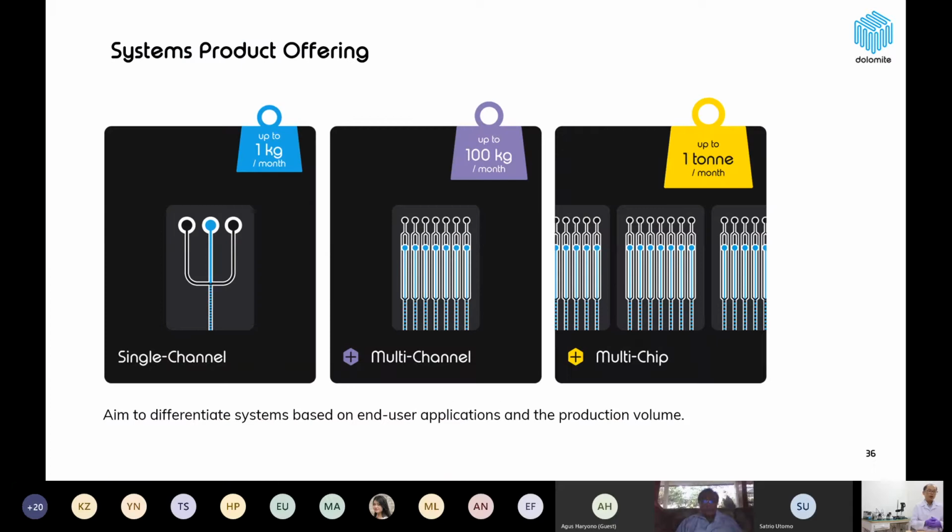To increase the production scale, the simple way is to increase the chip channels, the junction channels. We use multiple channels, or we can use multiple chips with multiple junctions or multiple channels, to increase the production scale much more.